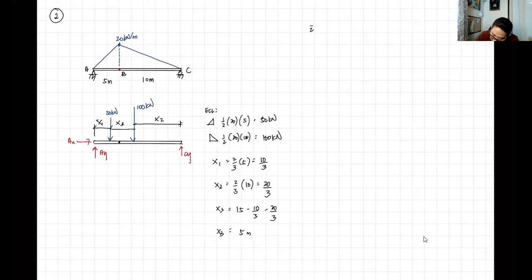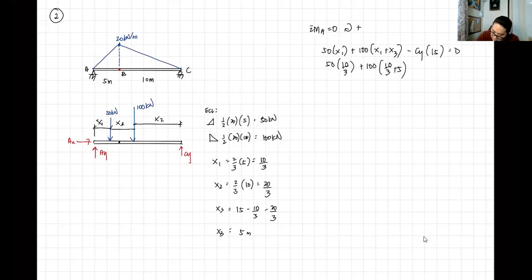So summation of moment at A is equals to 0, taking clockwise as positive. So we have yung 50, magta-travel siya ng x1. And then we have 100, magta-travel siya ng x1 plus x3. And then we have si CY will be yung total natin na 15 equals to 0. Okay? So we have 50 times 10/3 plus 100, 10/3 plus 5.